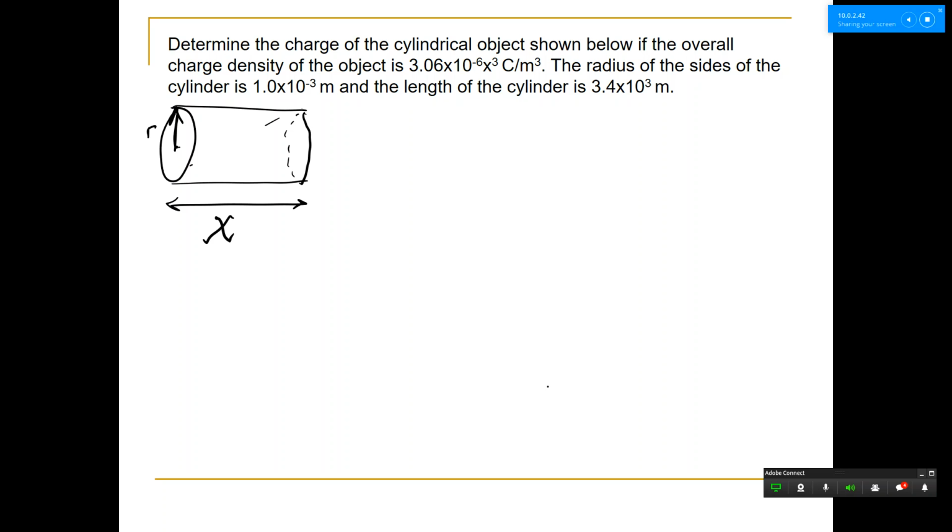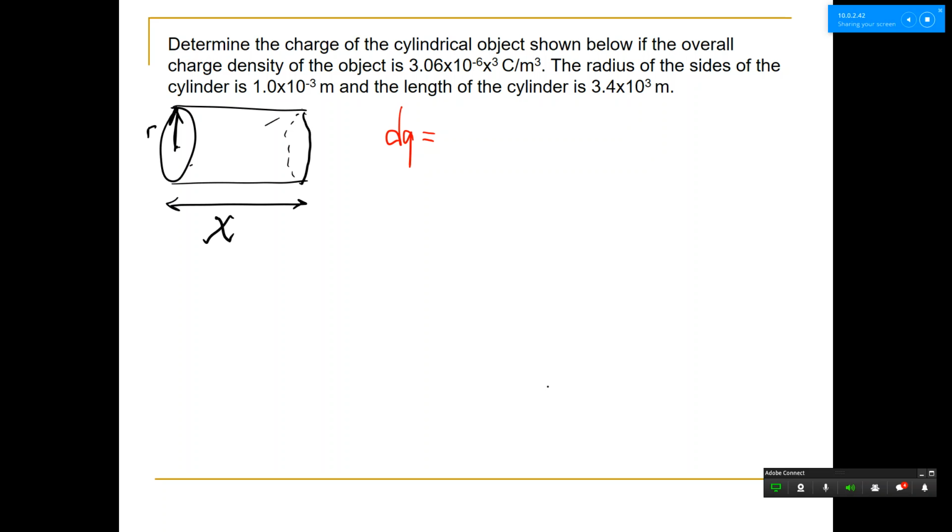Okay? So now, whenever we're dealing with doing something like this, the question should always start the same. We should always find a small dq. And what's that relationship? dq is equal to what? You have to try to recall this from last class. It's not necessarily fresh in your brain.